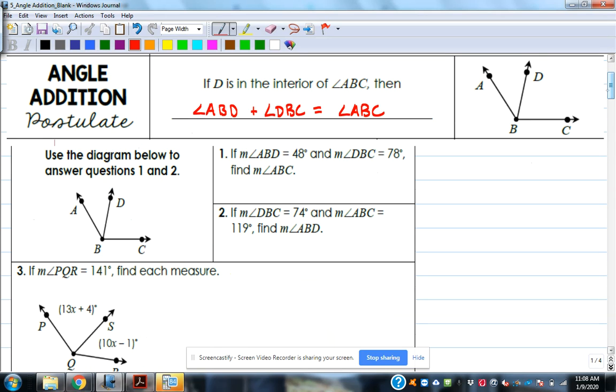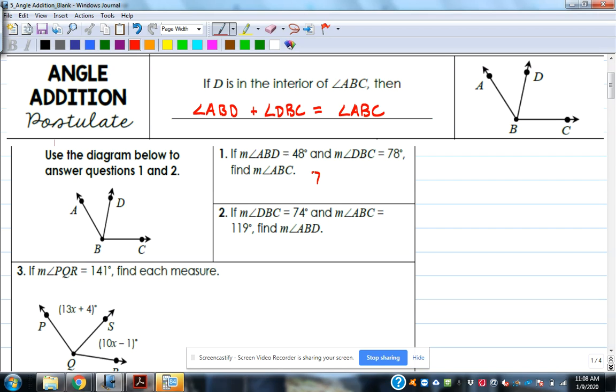All right. So let's look at those examples. Really easy stuff here. So in the diagram for 1 and 2, we're going to use this picture. It says if the measure of angle ABD and the measure of angle DBC are 48 degrees and 78 degrees, find the measure of angle ABC, so the bigger one. So what do we do with those? Add them up.